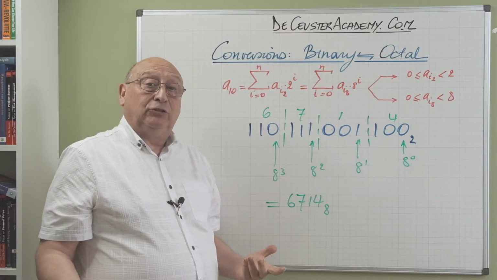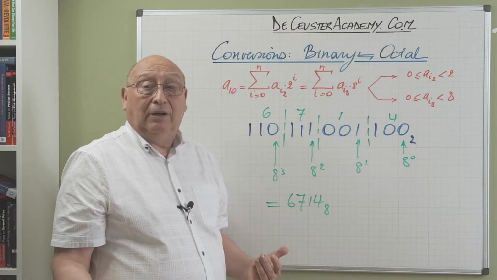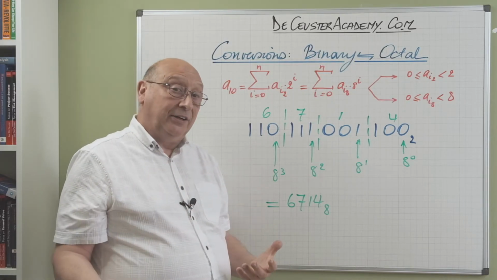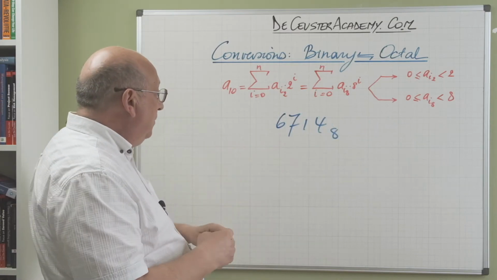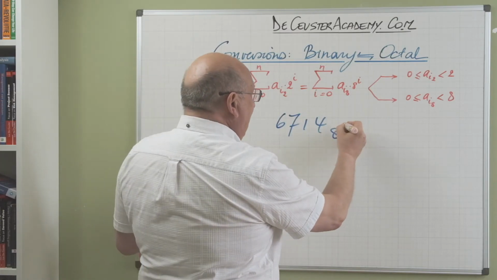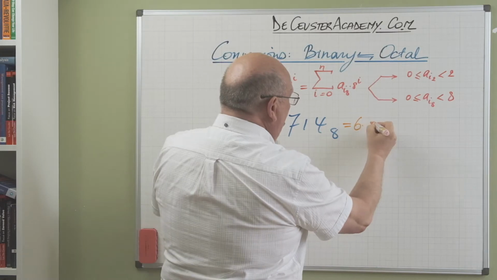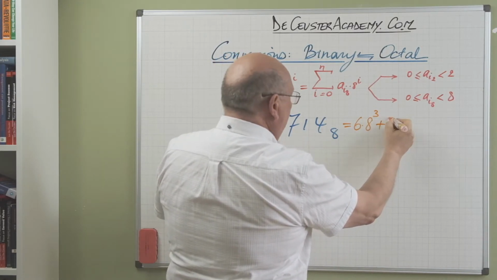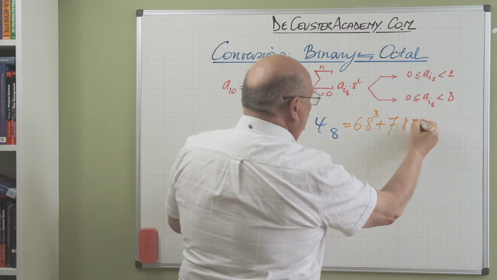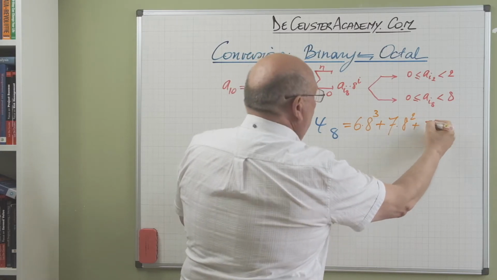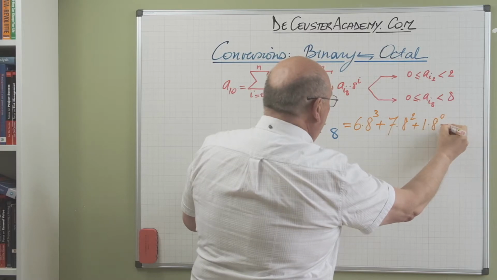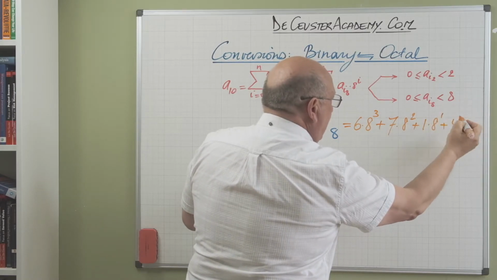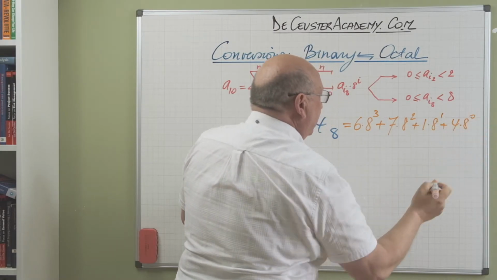The thing that we have to do now is to describe the conversion from octal to binary. When we have this number, we can write this as 6 times 8 to the power 3 plus 7 times 8 to the power 2 plus 1 times 8 to the power 1 and 8 to the power 0.